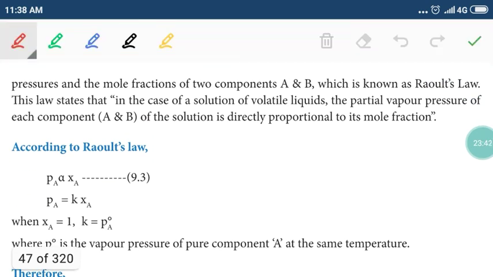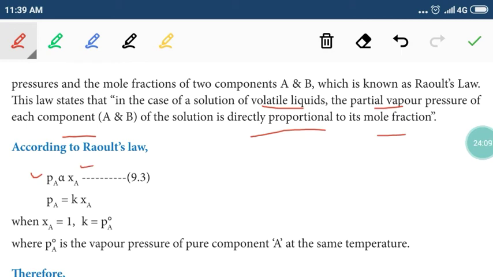When we take two miscible volatile liquids as a solution, the partial vapor pressure of each component is directly proportional to the mole fraction of that component. According to Raoult's law, the partial vapor pressure, or simply vapor pressure, of a component is directly proportional to the mole fraction of that component.